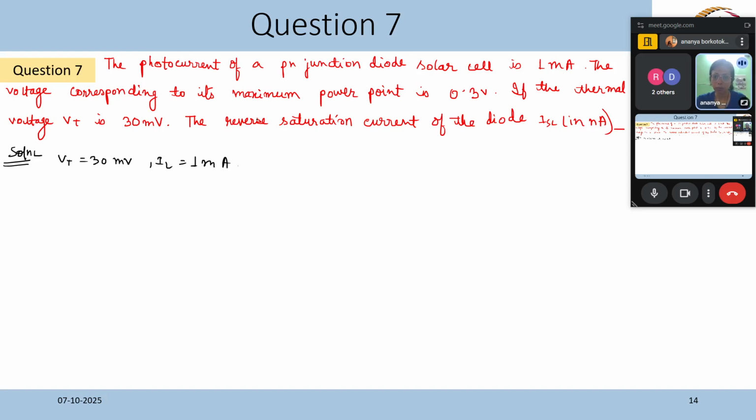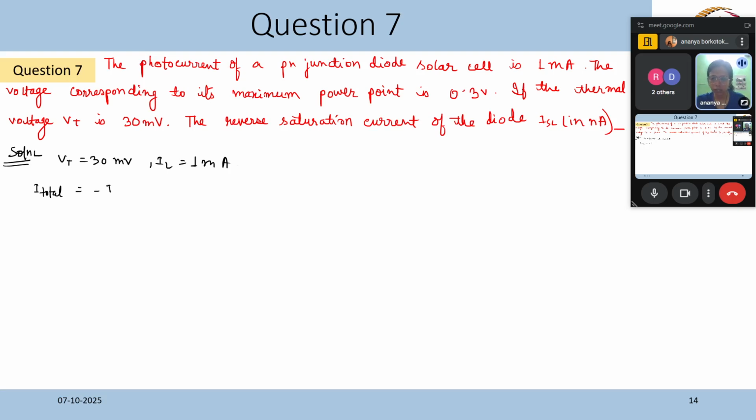This is corresponding to the voltage 0.3 volt. Okay, this is the maximum power point. So let's consider the total current of this.